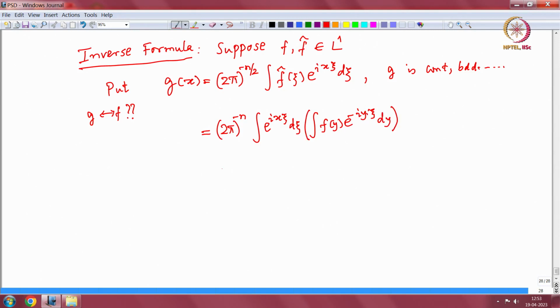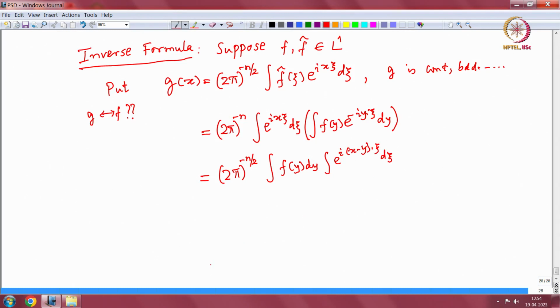If we can justify the Fubini theorem in this case. Suppose it is possible, I am not saying that it is possible, but just let us say it is possible. So, we get the integral of f of y dy and then the integral of e to the i, x minus y dot j, dj.